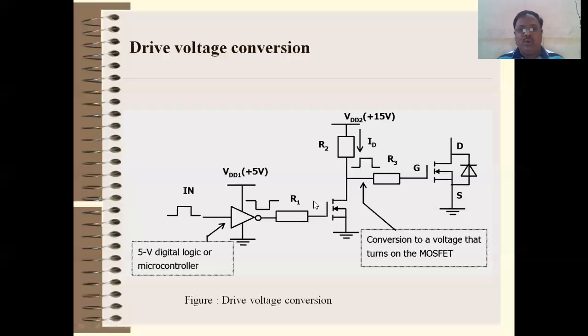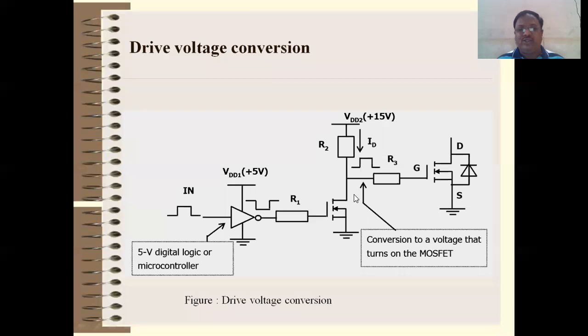In this circuit there are two MOSFETs. The first one is just used as a switch, and the second is the actual power MOSFET, which is used in a power circuit, right? The first MOSFET turns on whenever a positive pulse, maybe of 5 volt level, is applied to its gate. The first MOSFET is a low power MOSFET.